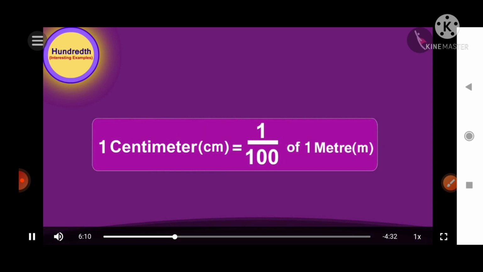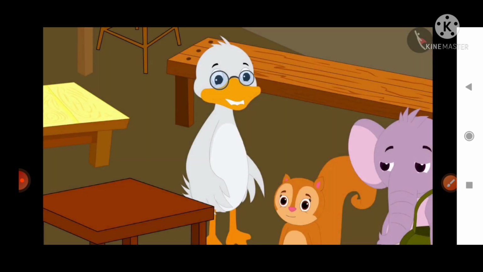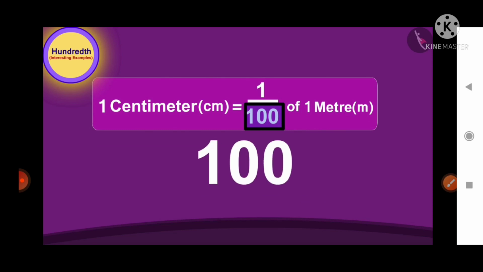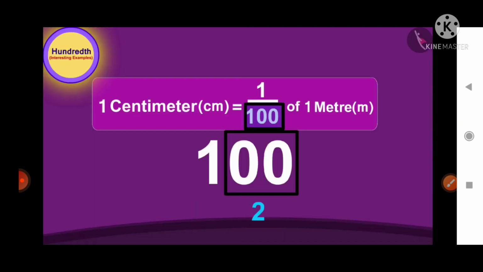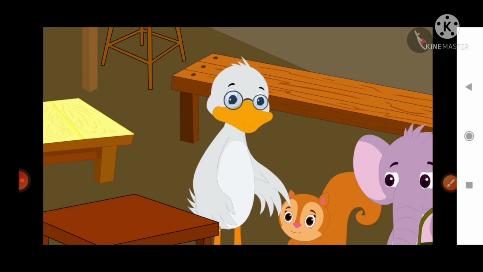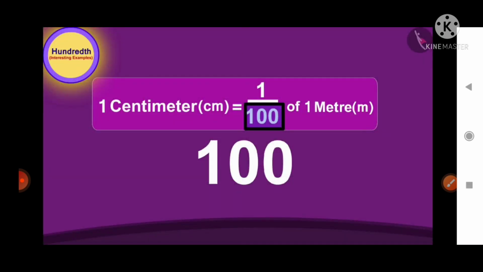Here we are dividing 1 by 100. Can you tell me how many zeros are there in 100? Uncle asked Chanda. 2 zeros. Absolutely right. Now it's very easy.